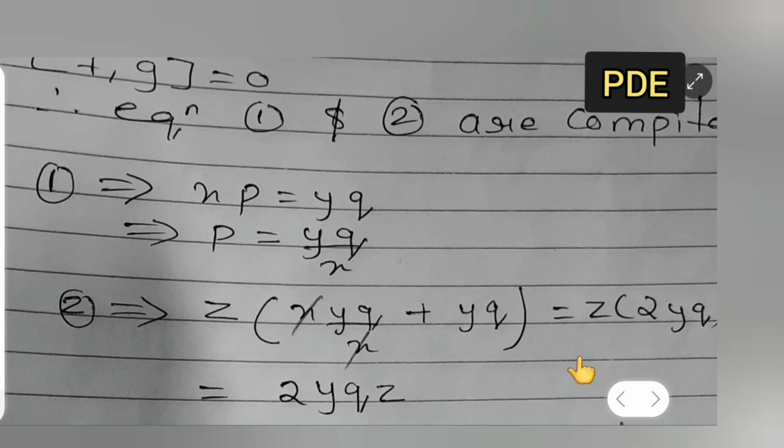now equation 1 implies what? xp is equal to yq. p keep as it is, equal to yq upon, take this x down. Okay. So you got the value of p. Now the second one implies what?